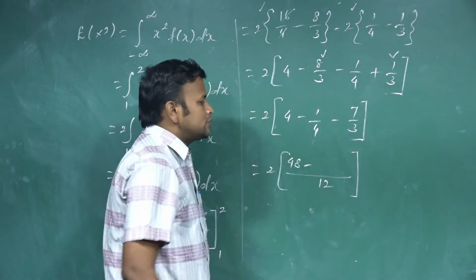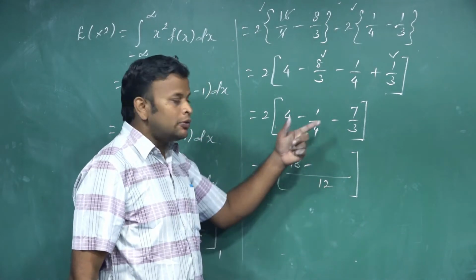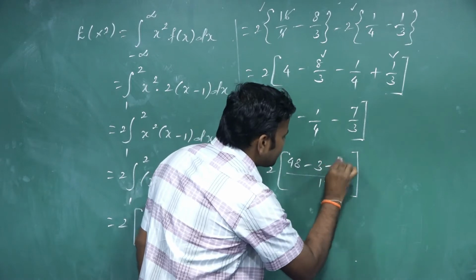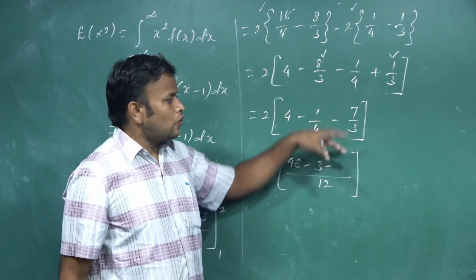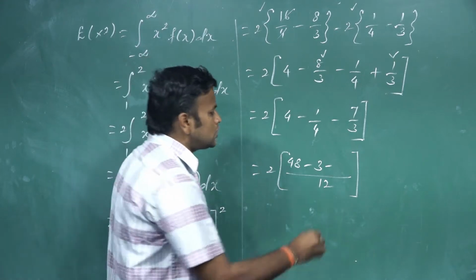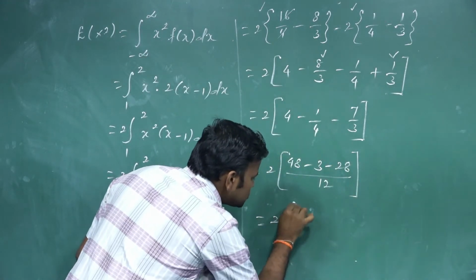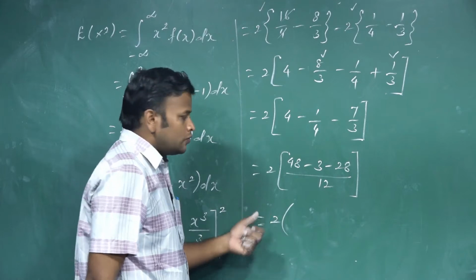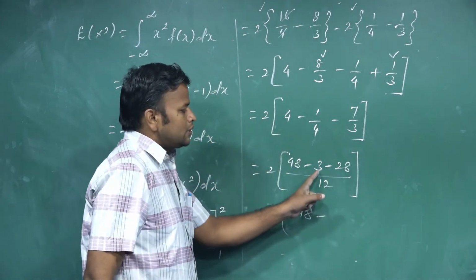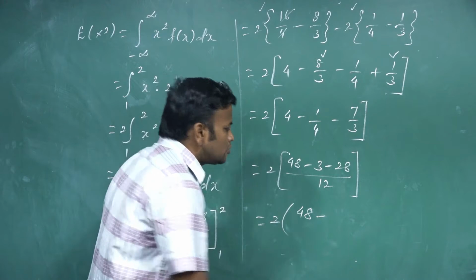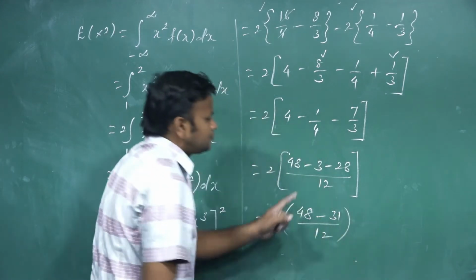Minus 1 by 4, but our LCM is 12, so multiply 3 to the numerator, so minus 3. Minus 7 by 3, the LCM is 12, so you multiply 4 to the numerator: 4 sevens are 28. Outside 2 is there, I keep 2. 2 of 48 minus 28 minus 3. Both are in the same sign, so minus 31 by 12.